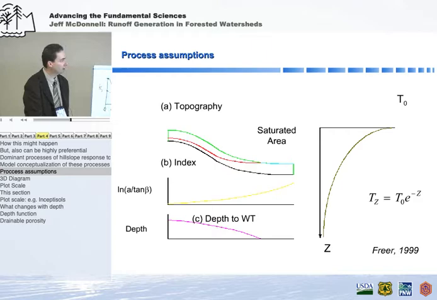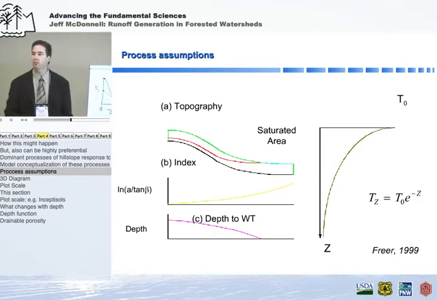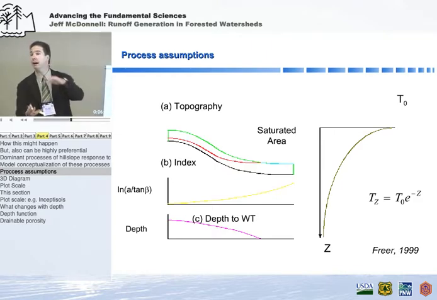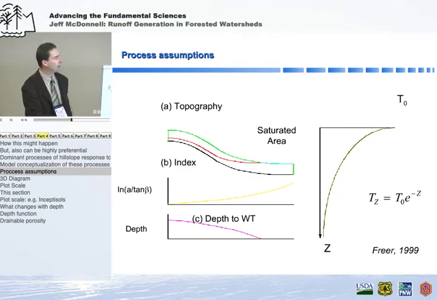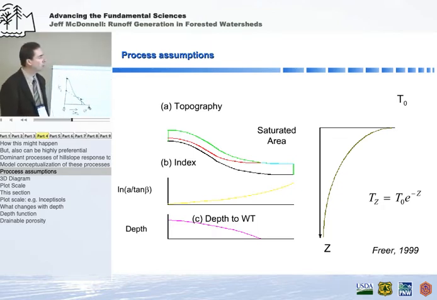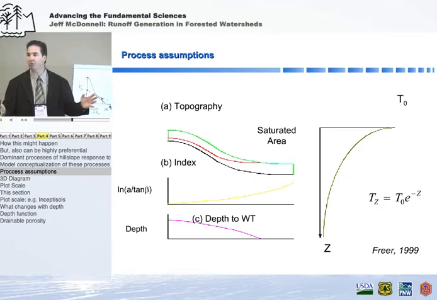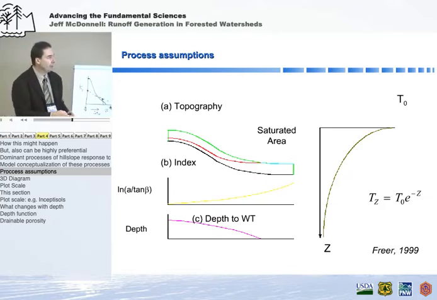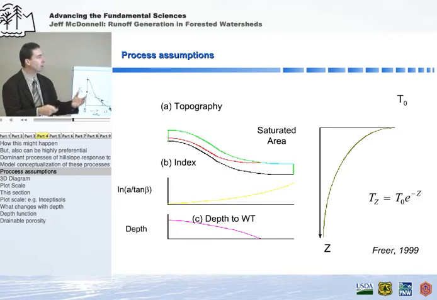And the last assumption is that transmissivity, which is the hydraulic conductivity times the soil depth, decreases exponentially with depth. Now this is the most clever assumption of all, I think, because it says that we don't need to know soil depth over our forested watershed. Soil depth doesn't really matter because the deeper you go, this becomes asymptotically closer and closer to 0.